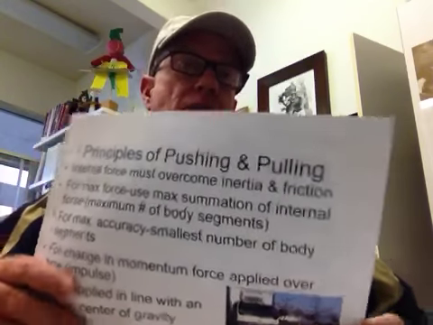If I took this object and showed you, if I applied a force that was away from the center of gravity, I would get a rotational force. But if I apply the force right at the center of gravity or in line with the center of gravity, I'll get a linear displacement.